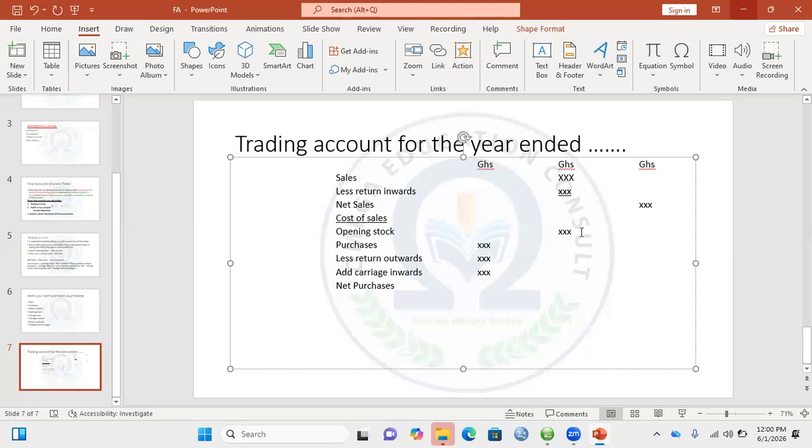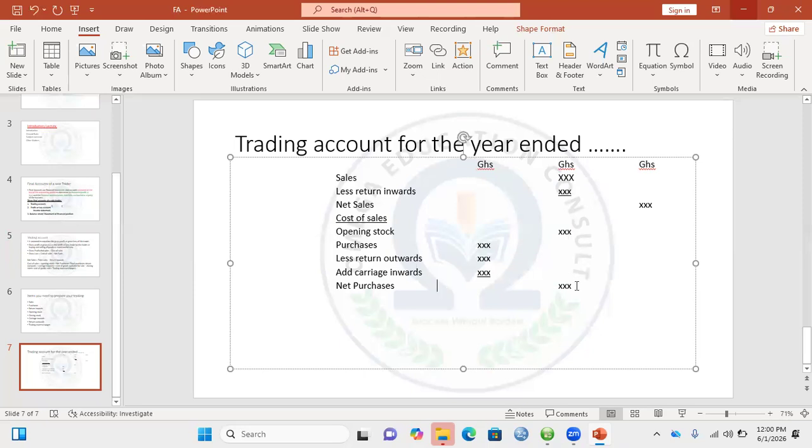So you see, it's a systematic format you have to follow. Put your opening stock there. You have to add net purchases, but for the net purchases, you have to go and do these three things, right? You less return outwards, you add carriage inwards. You can interchange it. You can add the carriage inwards before lessing. It doesn't matter. Okay. So you see, now we have our opening stock here and we have our net purchases here.